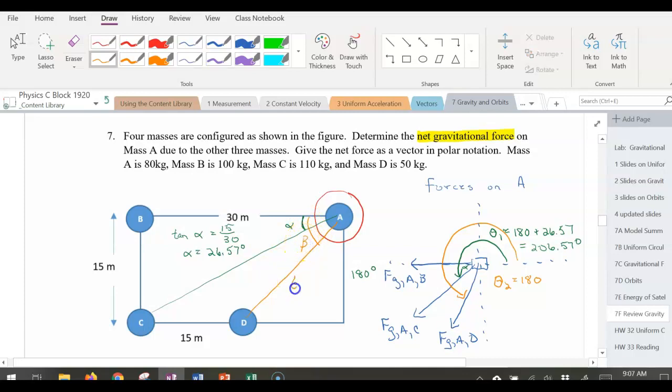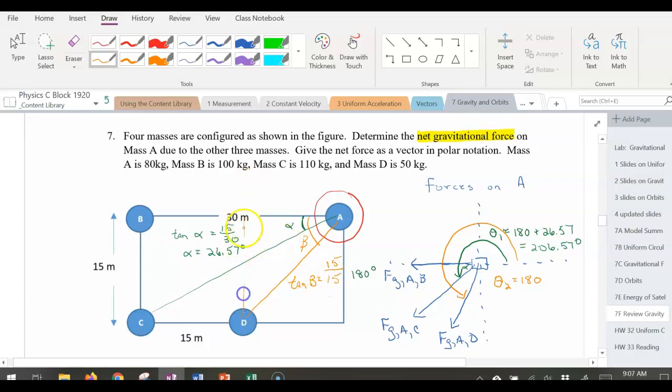So the tangent of beta would be the opposite, which is 15, divided by 15, right?